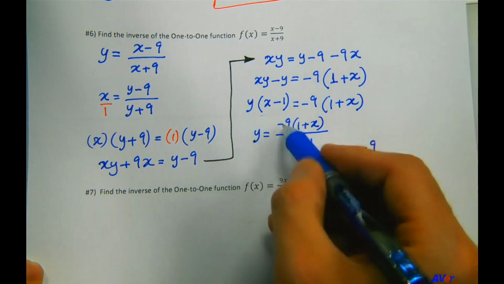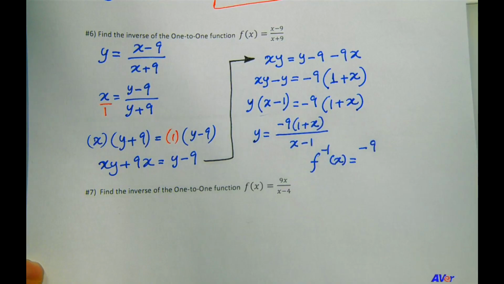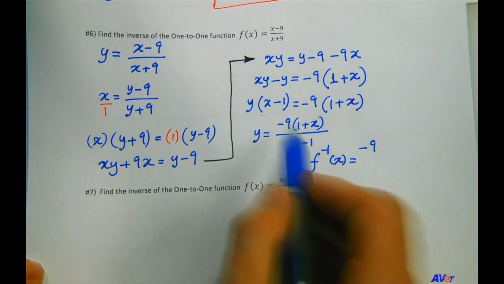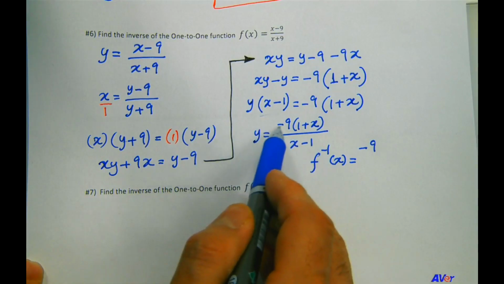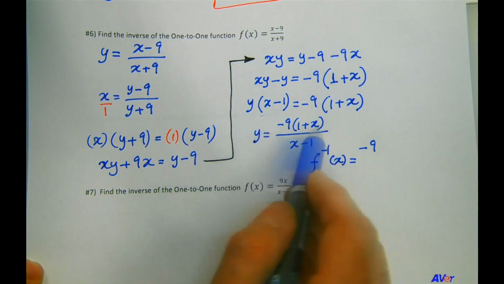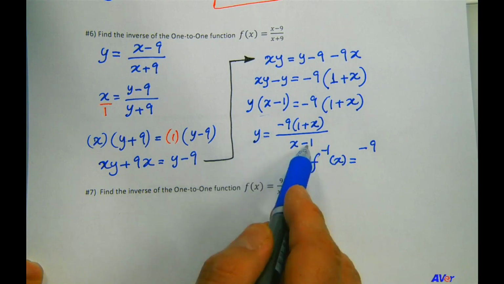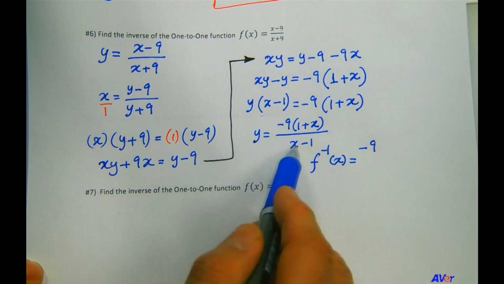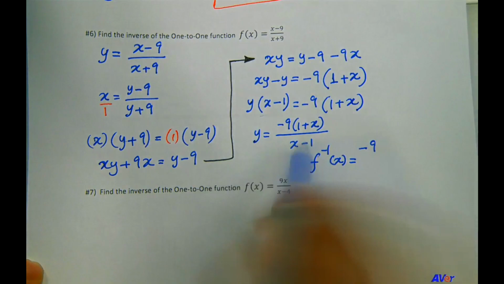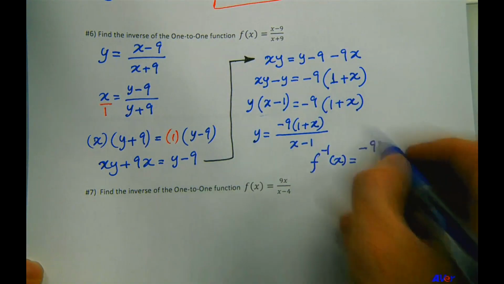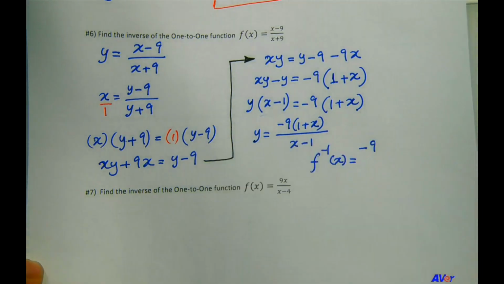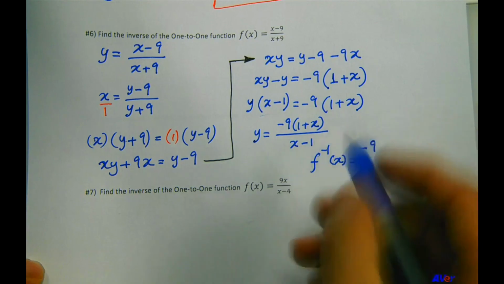You can have correct answers that look different than what I have. For example, this negative in front of this product of two terms, you can bring it down and multiply it by what's in the denominator and make that 1 minus x. As a matter of fact, I will do that just to show you that you can have correct answers that look different from each other, but they're correct.